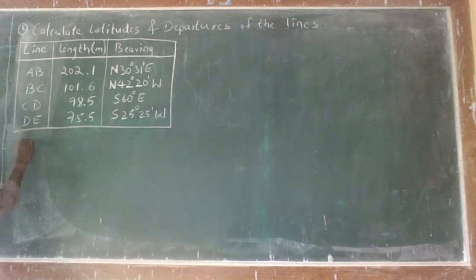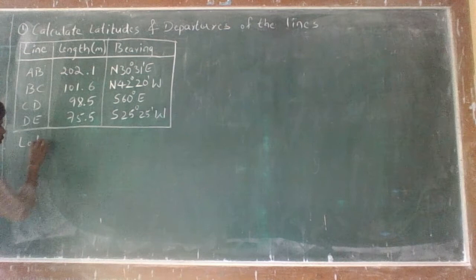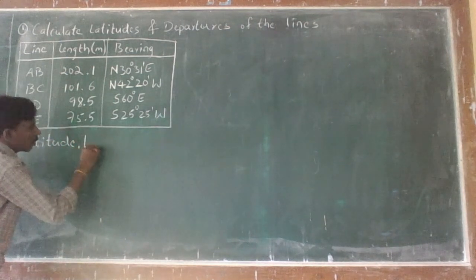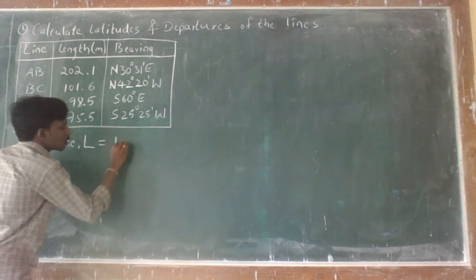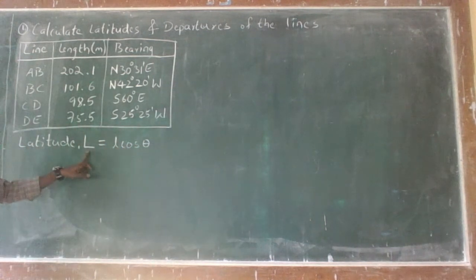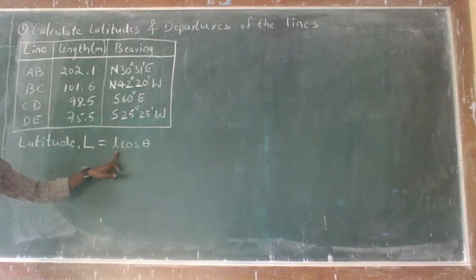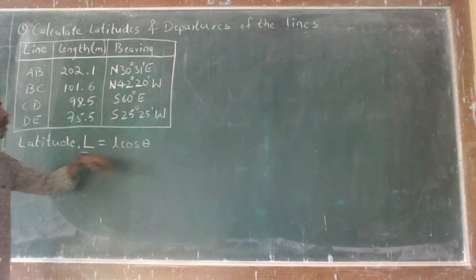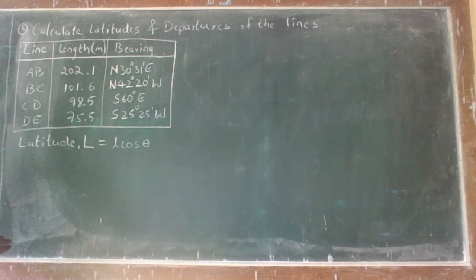Here the formula for latitude, which is denoted by capital L, is equal to l cos theta. Here capital L is latitude, small l is the length of the line and theta is the bearing of the given line. Now let's calculate the latitude of the first line AB.